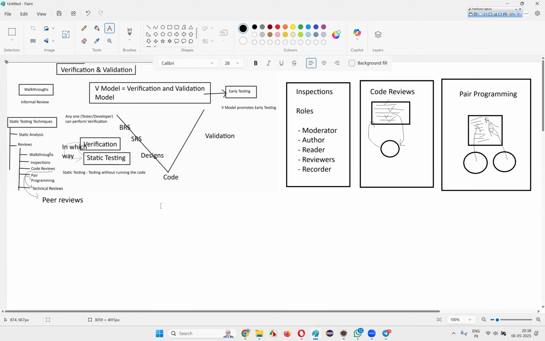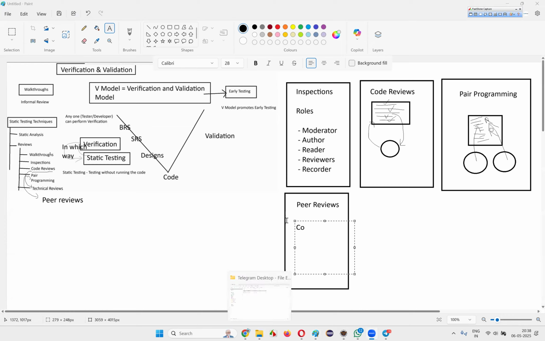So here under peer reviews, a team member or colleague will review the code in an informal, casual way.